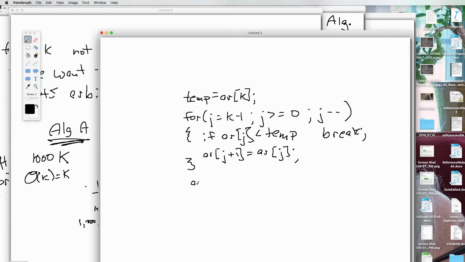And down here we said let AR of, what did we say down here? AR of j plus 1 is equal to temp.